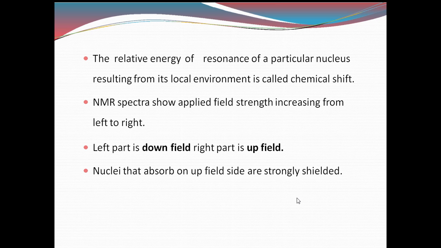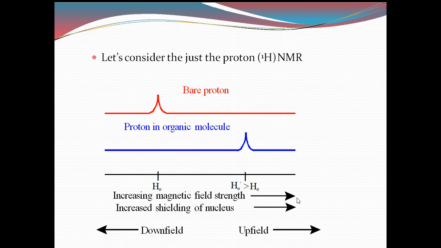In this case you came to know different types of terms. I will explain in detail, don't worry. So let's consider this proton NMR. This is the peak that we get in the NMR spectrum, isn't it? And this is a proton in an organic molecule. This is the increasing magnetic field.